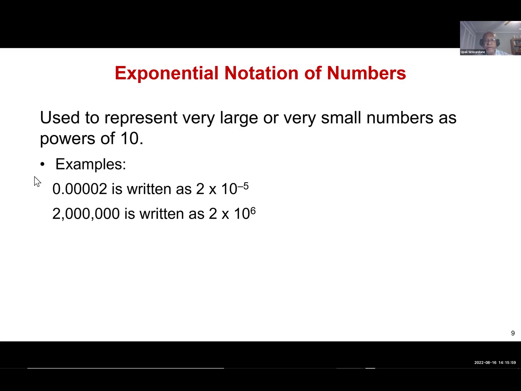Small numbers have negative exponents. Large numbers in scientific notation have positive exponents of 10. How many of you have seen this, done this before? Normal number changed to scientific number. Have you done that before?